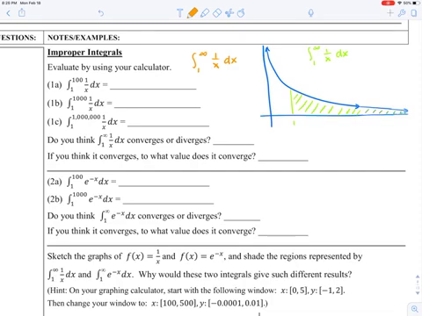I can type in successively larger values like 100, 1,000, and 1 million into my calculator, use Math 9, and come up with values. I actually want you to press pause on me, go type them in your calculator, and see if you can fake your calculator into thinking you are approaching infinite values by going 100, 1,000, 1 million, and writing those values for the area under the curve.